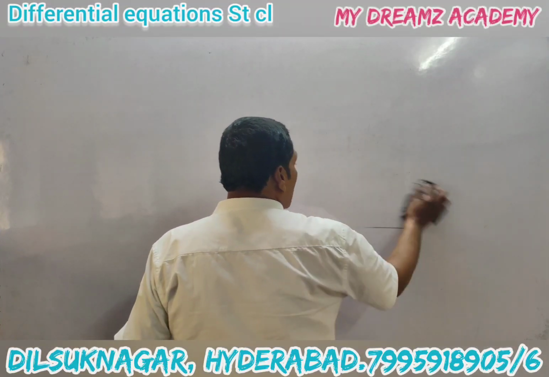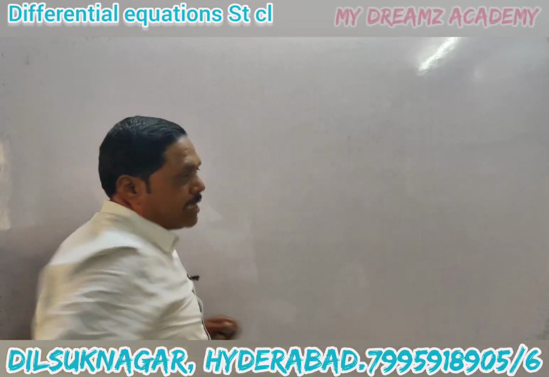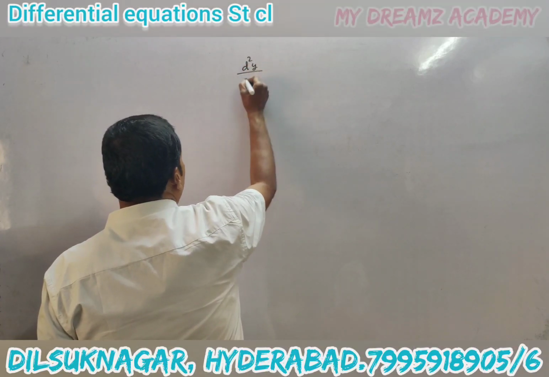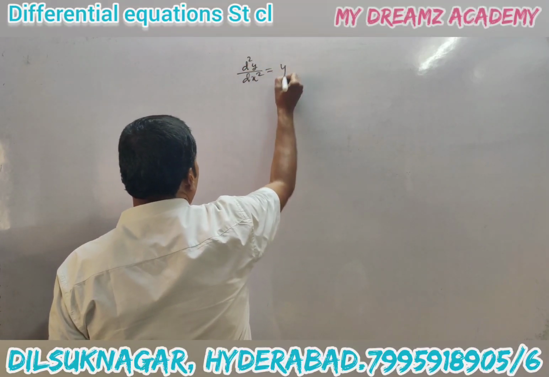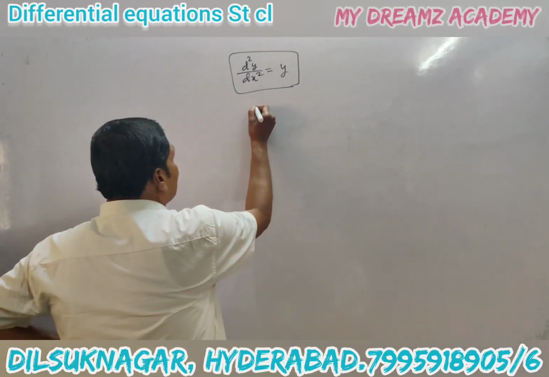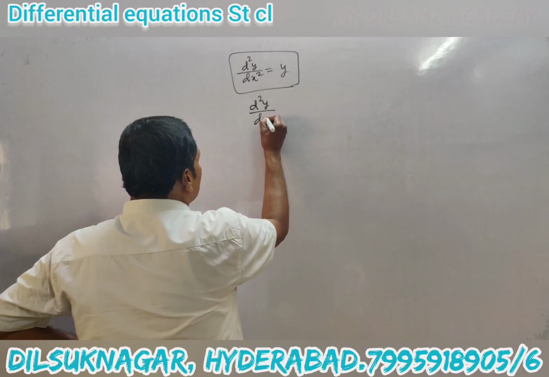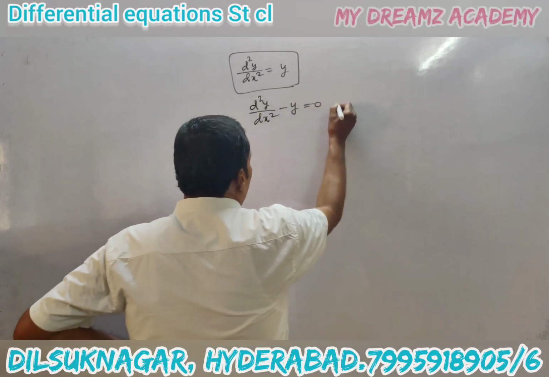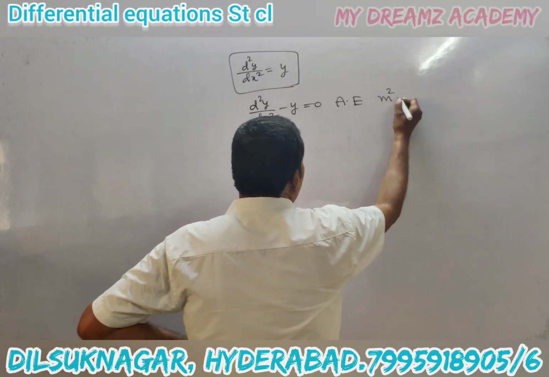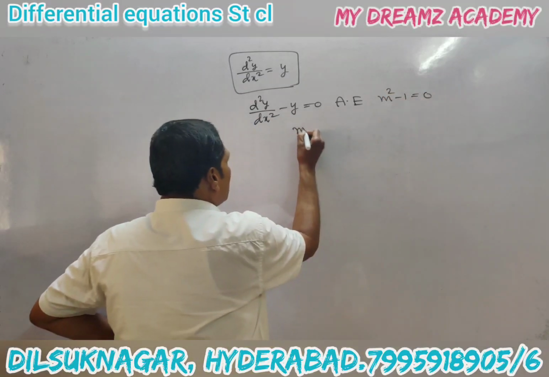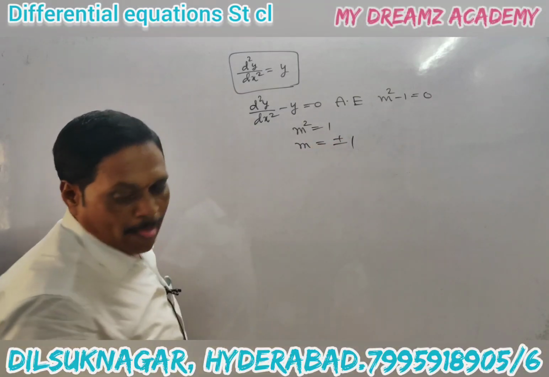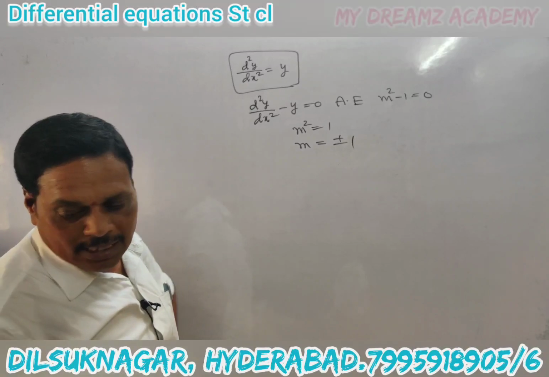Second order homogeneous linear differential equation. The solution of d square y by dx square is equal to y. See properly, this is also a second order equation: d square y by dx square minus y is equal to 0. Auxiliary equation: m square minus 1 is equal to 0. m square is equal to 1, m is equal to plus or minus 1.